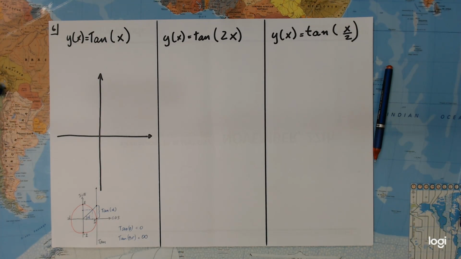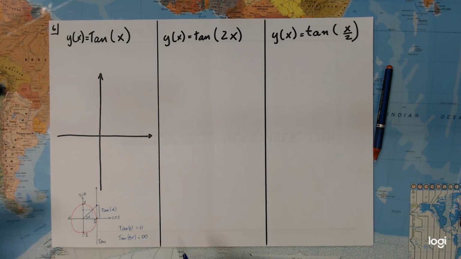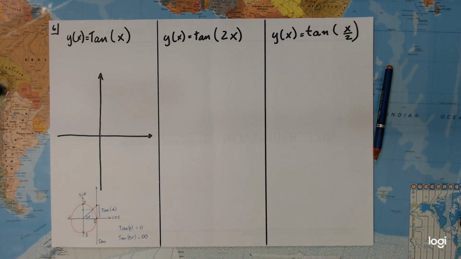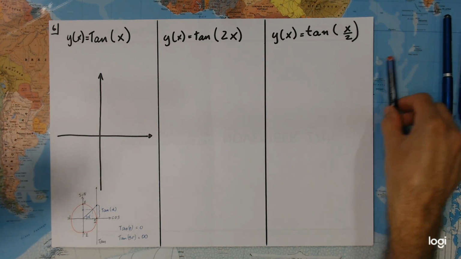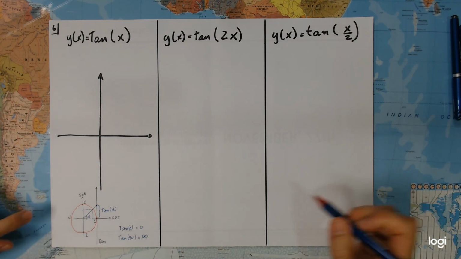And that is why we say the limit of the tangent when it goes close to pi over 2 or 90 degrees is infinite, because it will never meet this line in here. Okay, that's a curiosity.